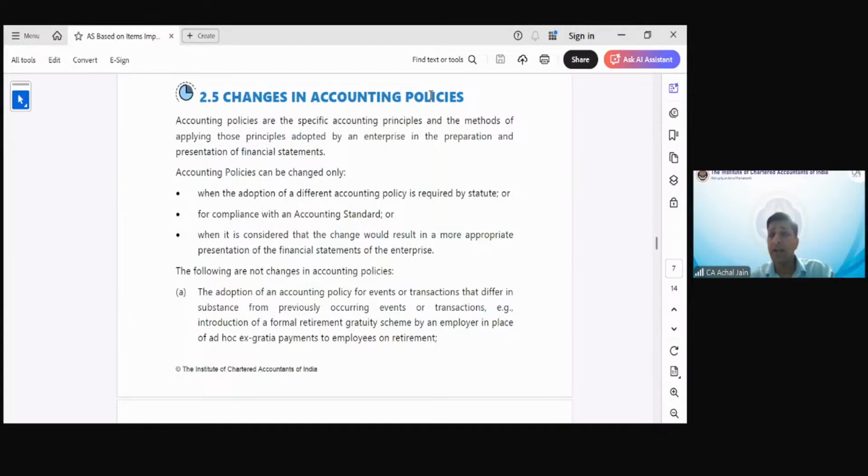But if you had different transactions in the previous year and different in the current year, for a different set of transactions you'll have a different accounting policy. Just because a transaction is different and therefore you bring in an accounting policy doesn't mean that it's a change in accounting policy. Everyone clear on this?